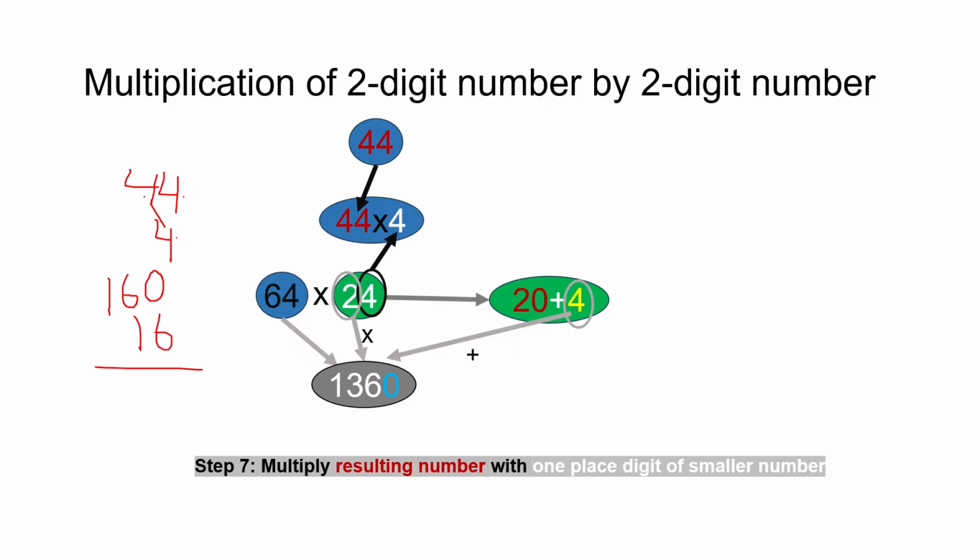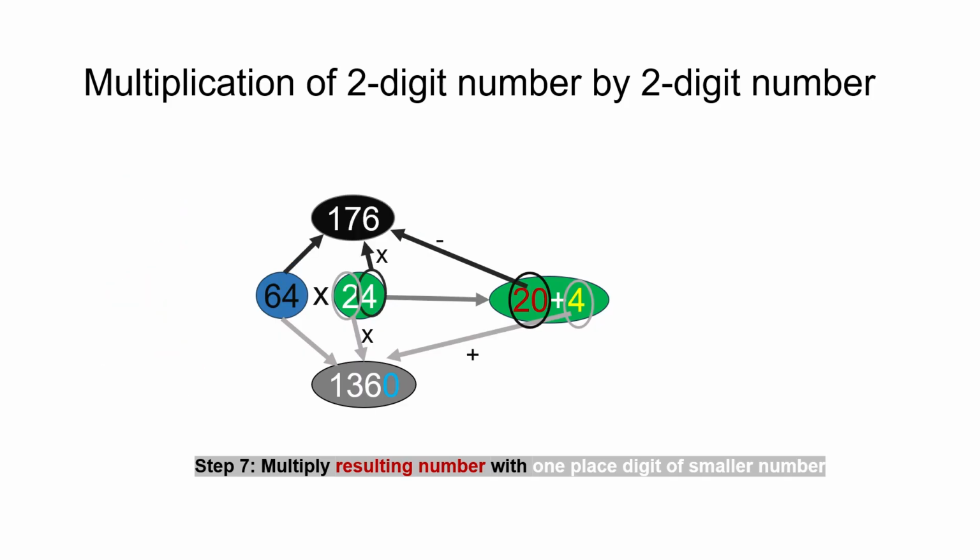So the answer we get for 44 multiplied by 4 is 176. In this way the next number we got is 176, which we get by subtracting 20 from 64 and multiplying the resulting number with 4.